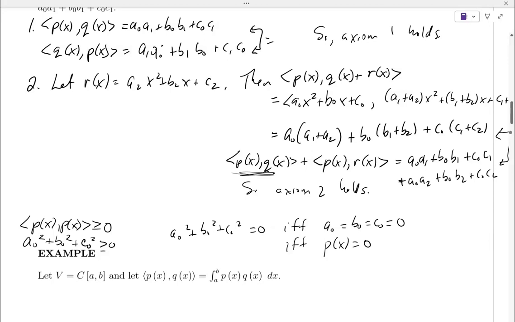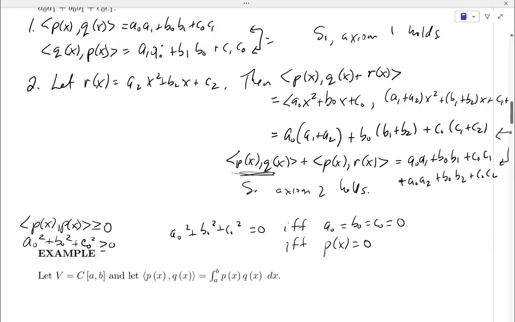We're just treating the x squared coefficient like it's the first component, the x coefficient like it's the second component, the constant term like it's the third component, and doing a regular old dot product of Euclidean vectors. So this shouldn't have been a huge surprise that we really did get this satisfied. All right. Anyway, let's try a different one.